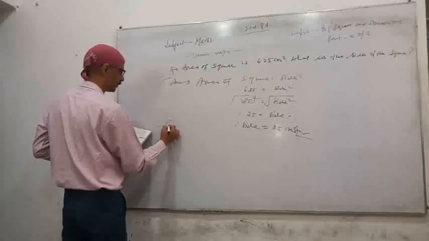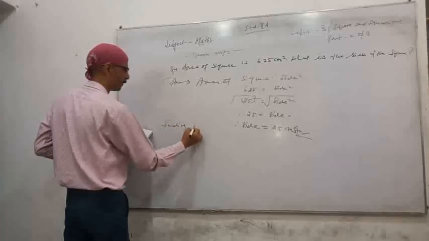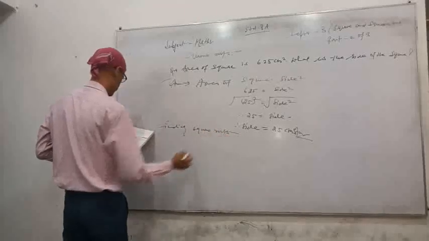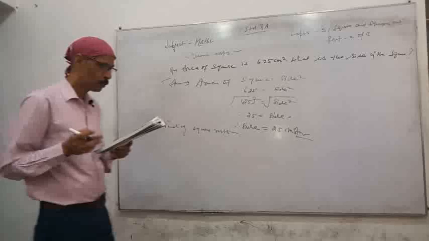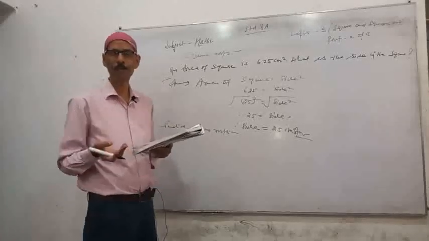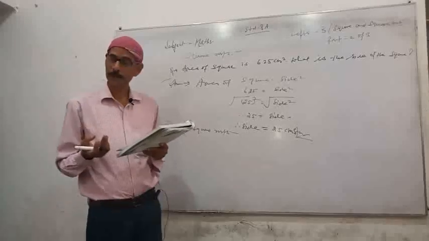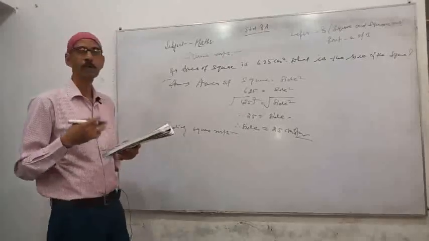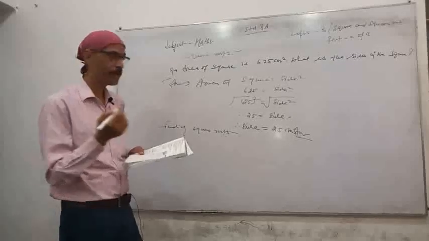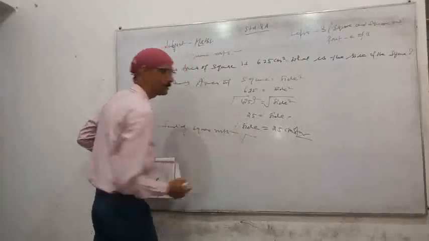Next is finding square roots. Finding the square root is the inverse operation of squaring. Suppose 1 square is 1, 2 square is 4, 3 square is 9, 4 square is 16. So a square root is denoted like this.